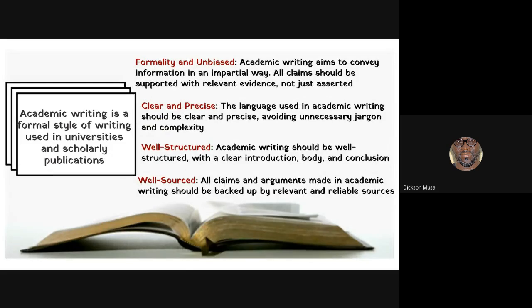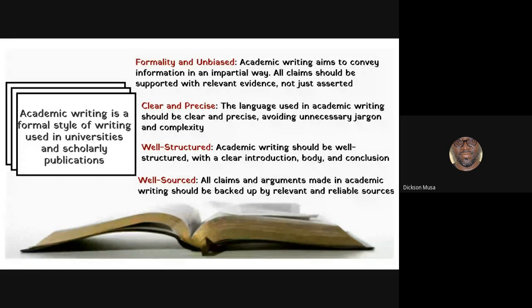Now, academic writing is a formal style of writing used in universities, schools, and for scholarly publications. For a writing to be considered academic, it must be formal and unbiased.